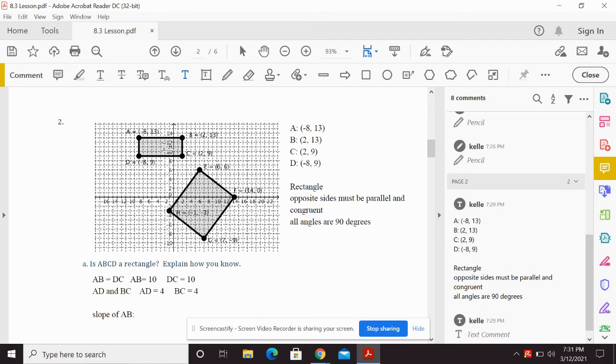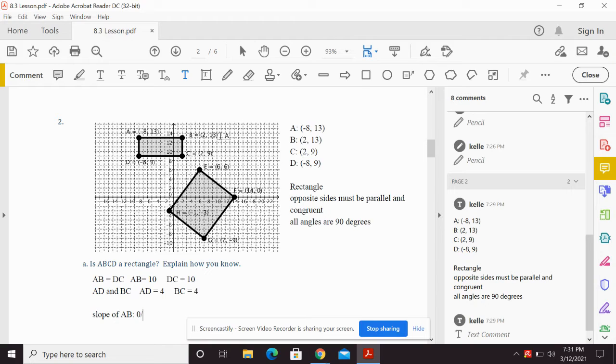Okay, my change in y is 0. So my slope is going to be 0. If my change in y is 0, then my slope is just 0. 0 divided by any number is still just 0. So it doesn't even matter what my change in x is.